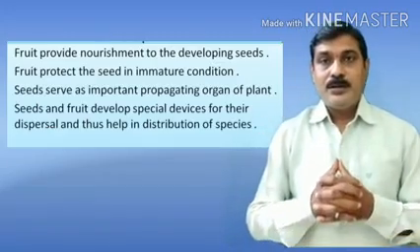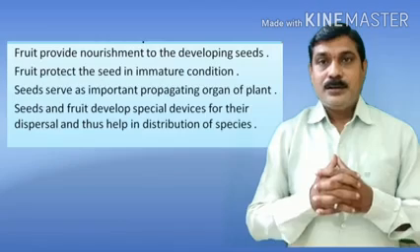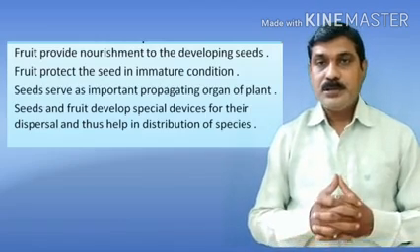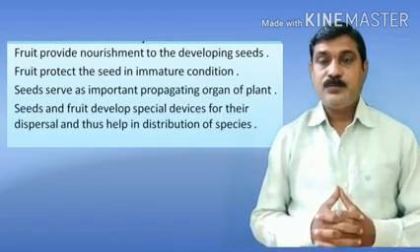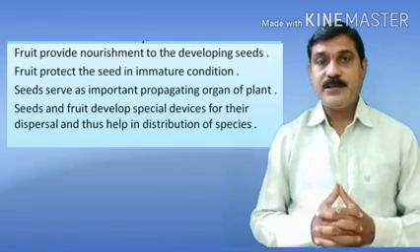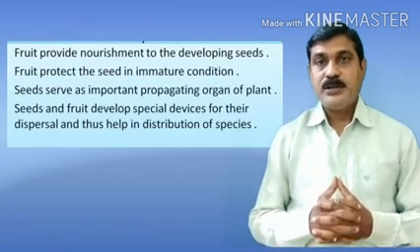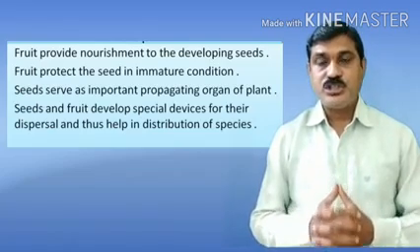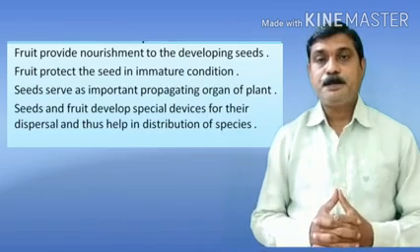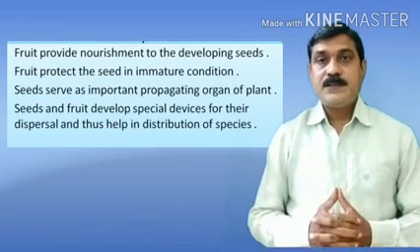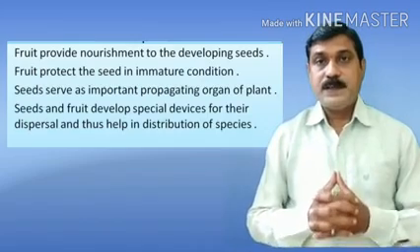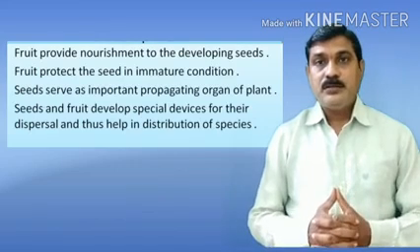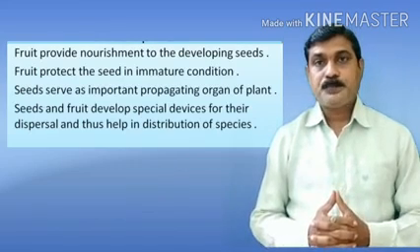Fruit provides nourishment to the developing seed. Second significance is that fruit protects the seed in the immature condition. Third, seed is the important propagating organ for the plant.